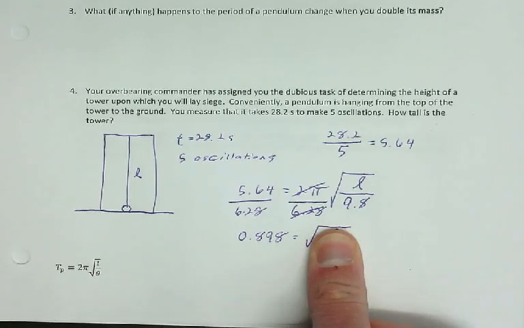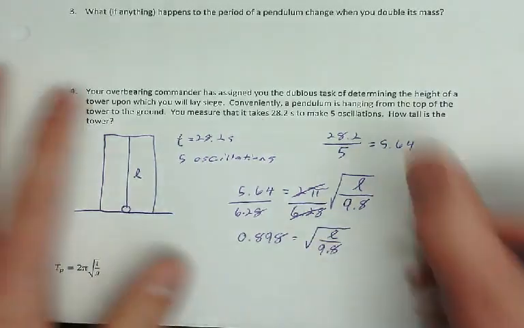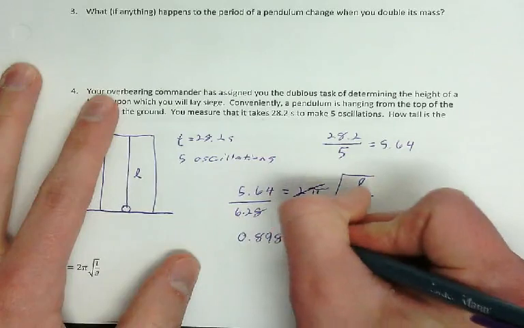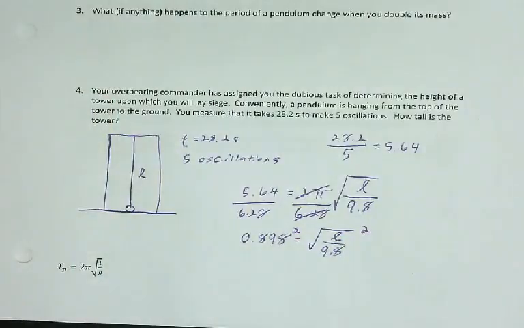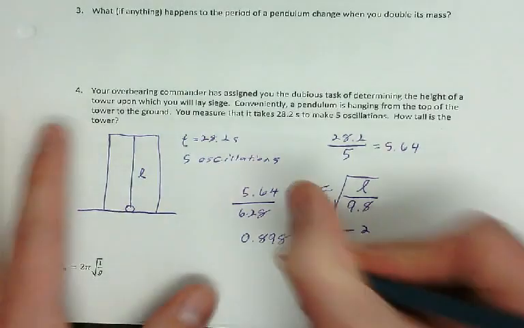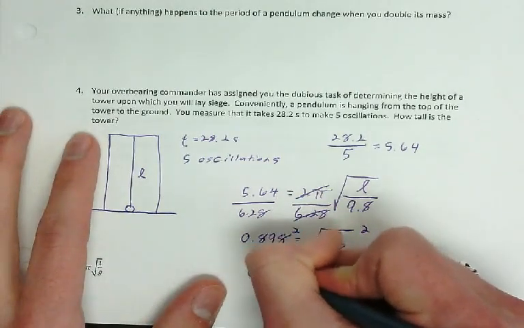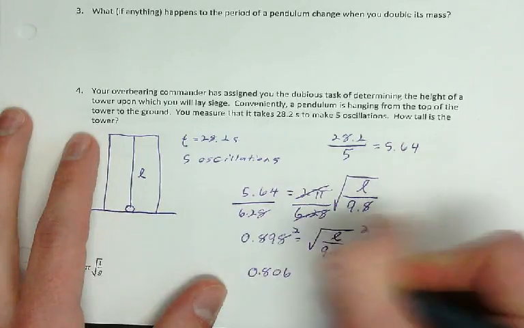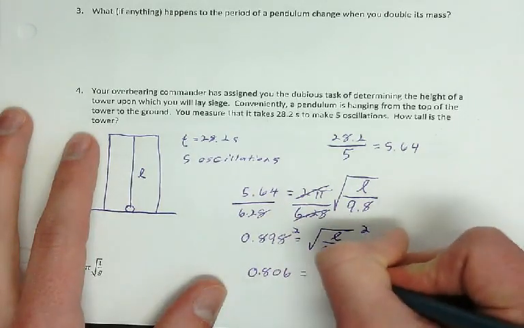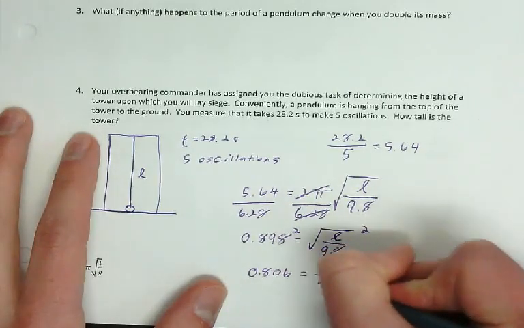I do the opposite of square rooting. So the opposite of square rooting is to square. So I would square both sides. And that gives me 0.806 equals L over 9.8.